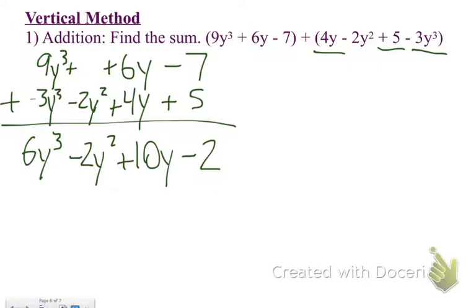So notice for that one, the only place that you have to be very careful is to make sure that if they don't have the same number of terms, notice this one has 3, this one has 4, you need to make sure you leave a space so you're not adding the 6y to the 2y squared. Right? We can only combine them if they're like terms, and they're only like terms if they have the exact same variable raised to the same power.